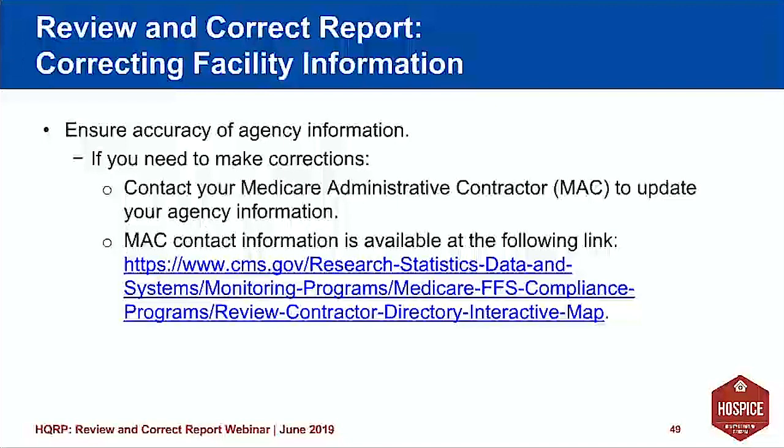You let them know that you need to change the piece of information that's wrong, whether it's a phone number, or whether you're a profit or nonprofit, etc. They will make that change, and they will then send a note to the ASPEN coordinator at the regional office, and that person will make the same update within the ASPEN system.